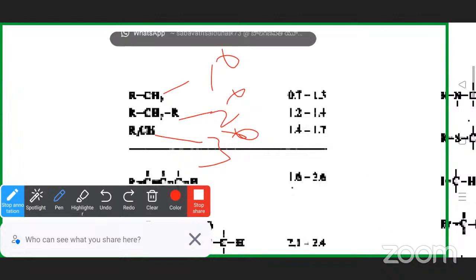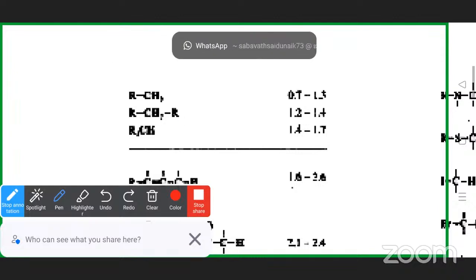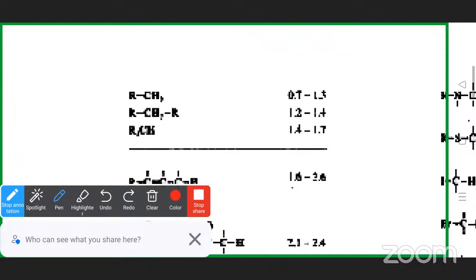So what is happening here? You can see the gradual increase of your delta values. So the steric repulsion or steric hindrance increases the delta values.